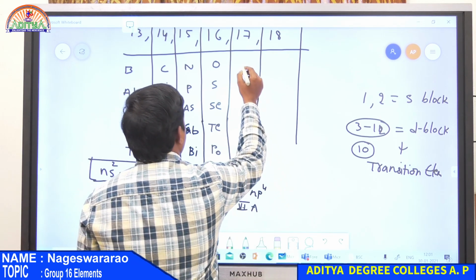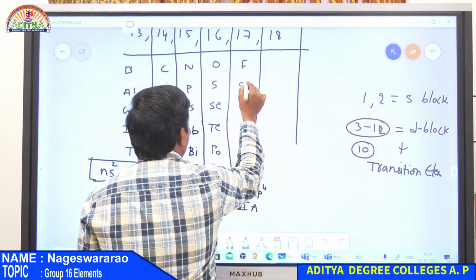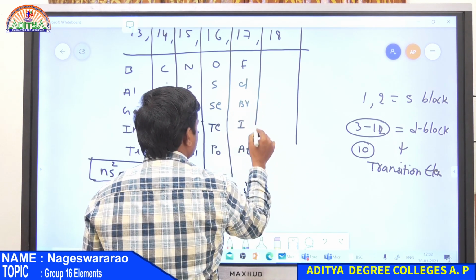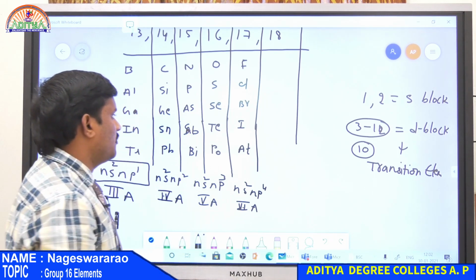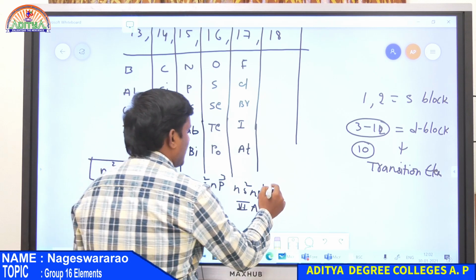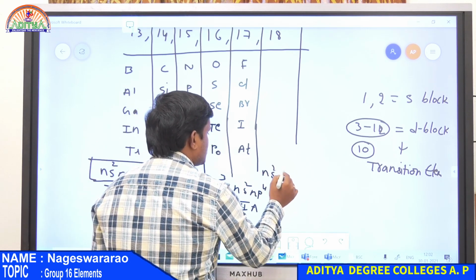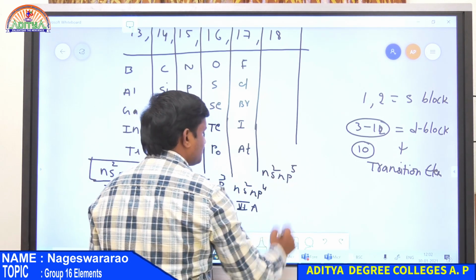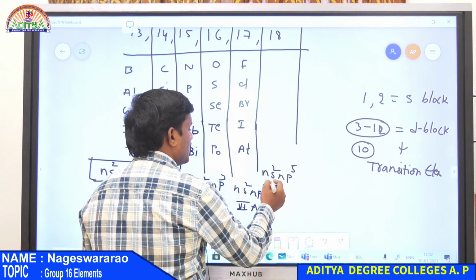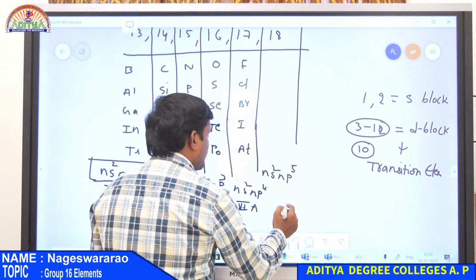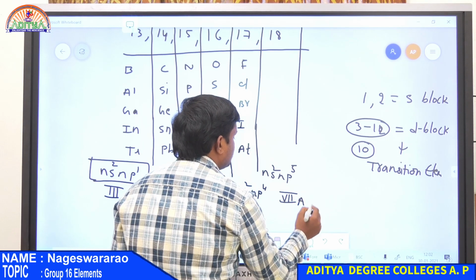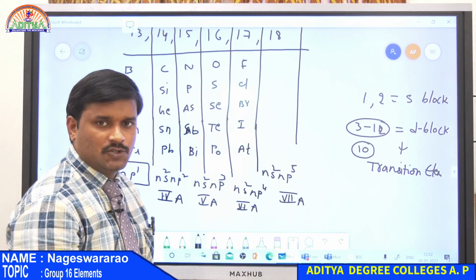And 17th is fluorine, chlorine, bromine, iodine and astatine. All are halogens and all have a configuration ns2 np5. So there are totally 7 electrons present in the outer shell, 2 in s orbital and 5 in p orbital. That is why it is a 7A group element or simply 17th group.